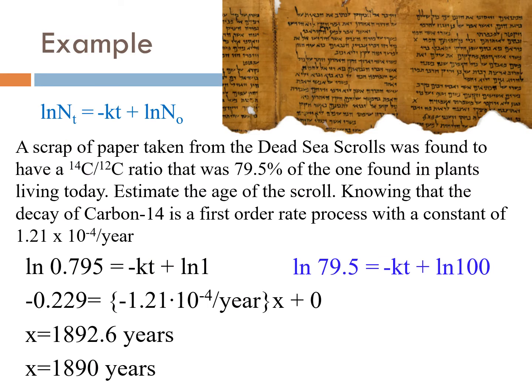So in this example, the problem is to determine the age of an artifact based on the fact that the ratio between carbon 14 and carbon 12 is only 79.5% with respect to what you would find in a living plant or animal now.